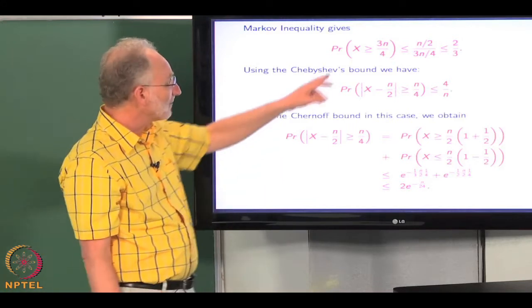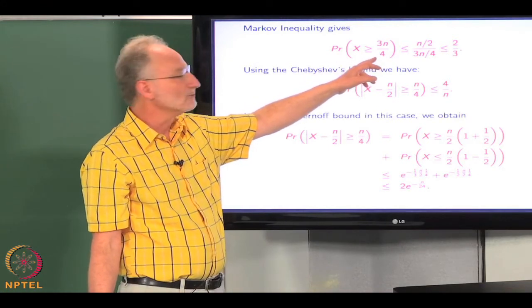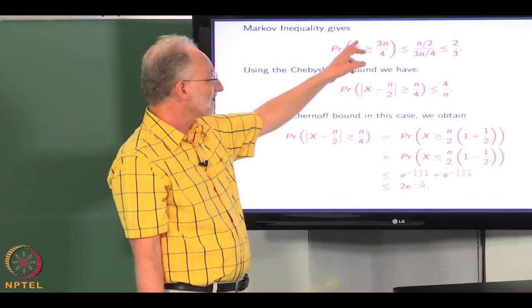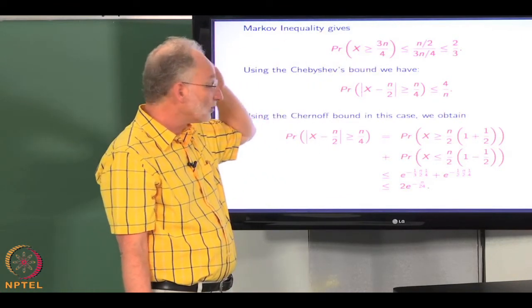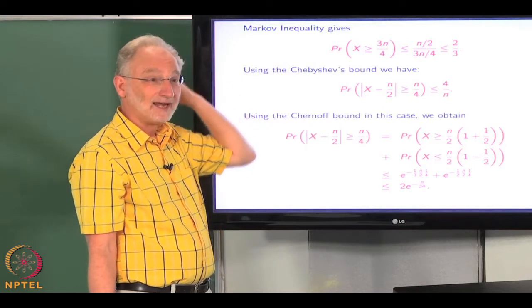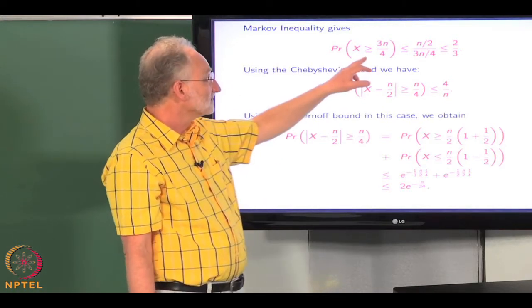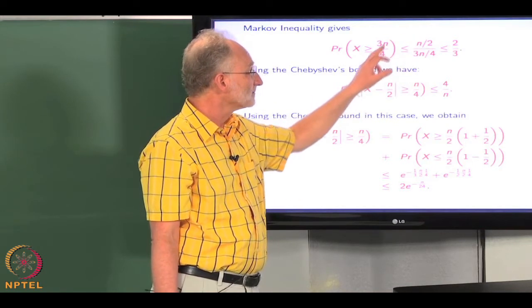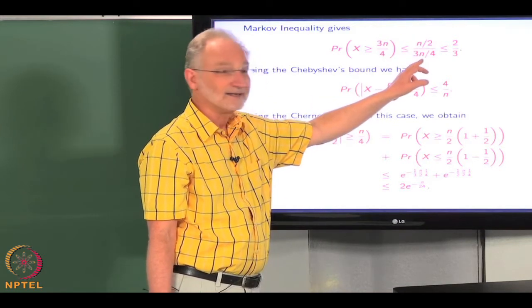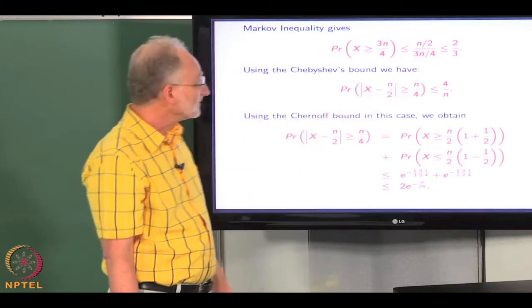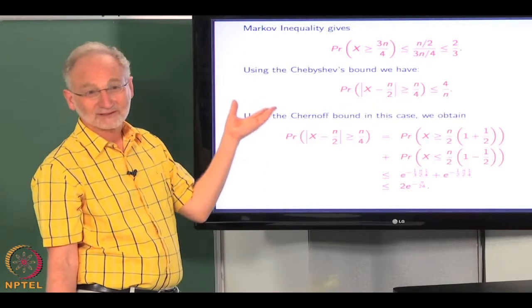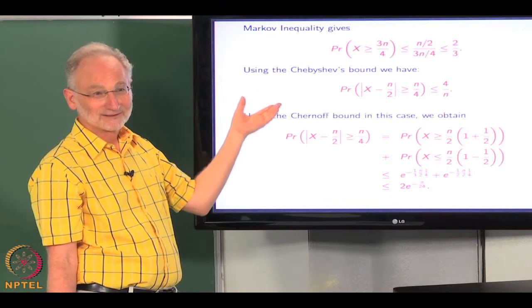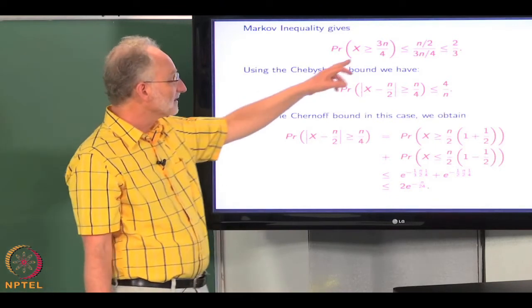If I plug it into the Markov inequality, the probability is bounded by the expectation divided by the value A, and we get that the probability is just bounded by 2/3, which is really nothing.